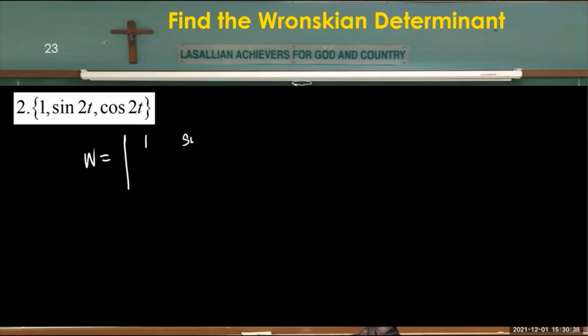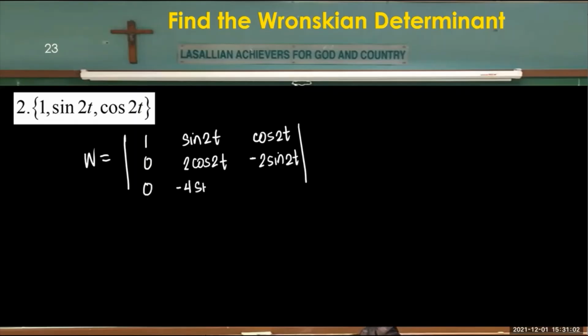Now here, you can solve for the Wronskian of the 3: 1, sine 2t, cosine 2t. You're asked to solve for the Wronskian determinant. The derivative of 1 is 0. So this is 2 cosine 2t. This is negative 2 sine 2t. And then the derivative again, that's 0. Negative 4 sine 2t.